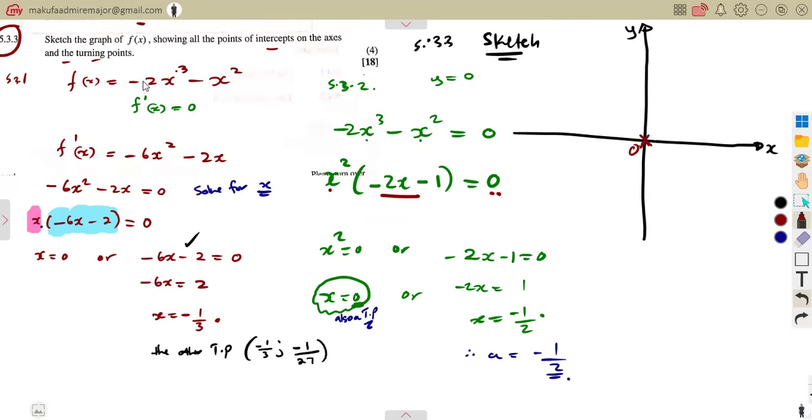This function carries a negative: the coefficient of x cubed is negative. So we're expecting something like this, but it's no longer going to have a condition where there are 3 solutions, because one of the solutions is a turning point.